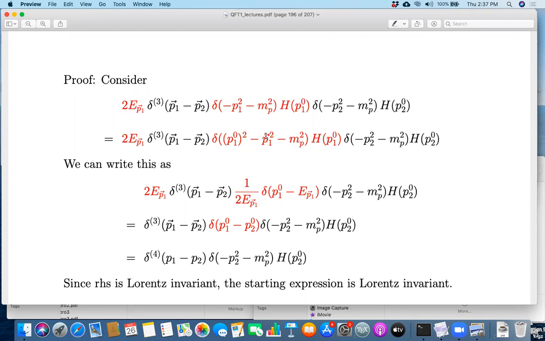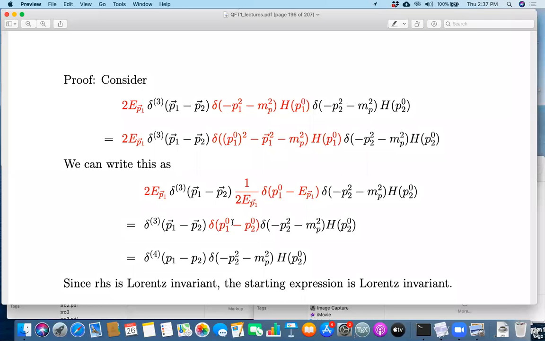So this combination can be rewritten as delta of P1 0 minus EP1, except that there is a factor: because inside the delta function is P1 0 square, when you convert this in terms of delta of P1 0, you have to divide by the derivative, which is 2 P1 0, which you can relate to 2 EP1, because delta of P1 0 minus EP1.